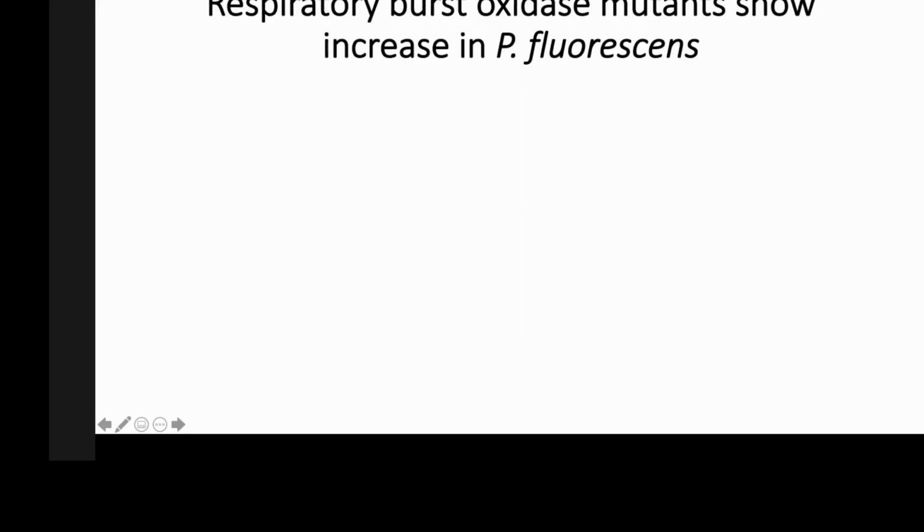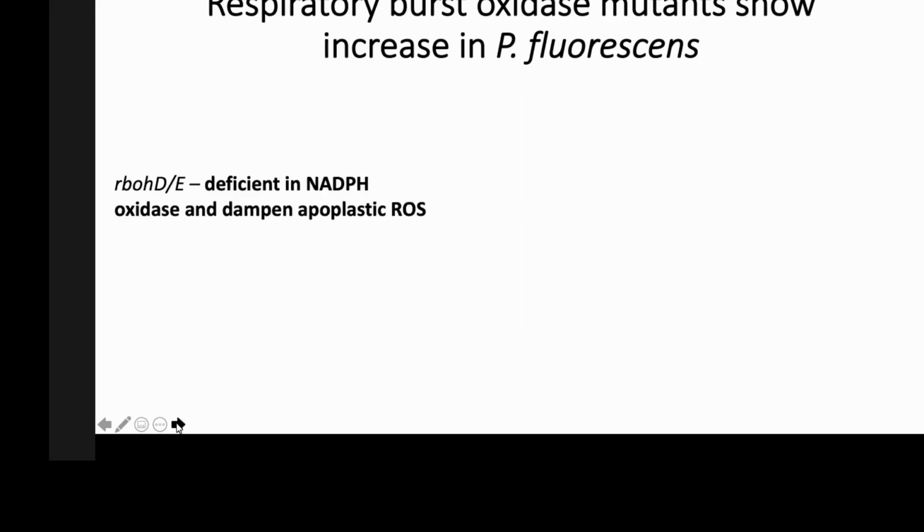Yeah. Okay. Right. So this is kind of what Mary Lou is alluding to. So they looked at these mutants that were defective in, they dampen basically ROS production. So this RBOHD and RBOHF mutant.